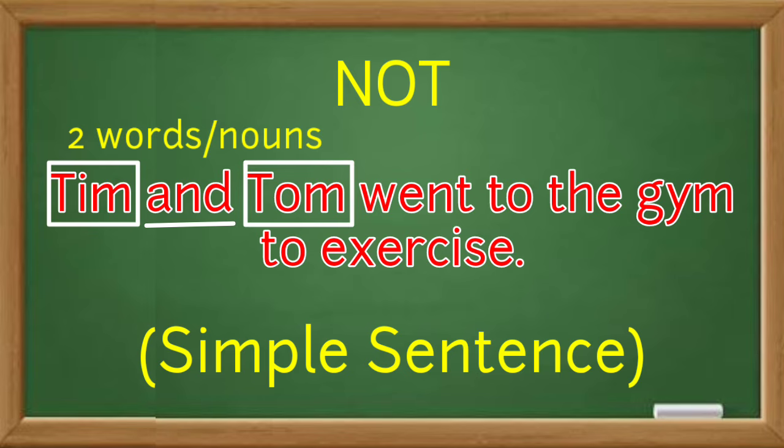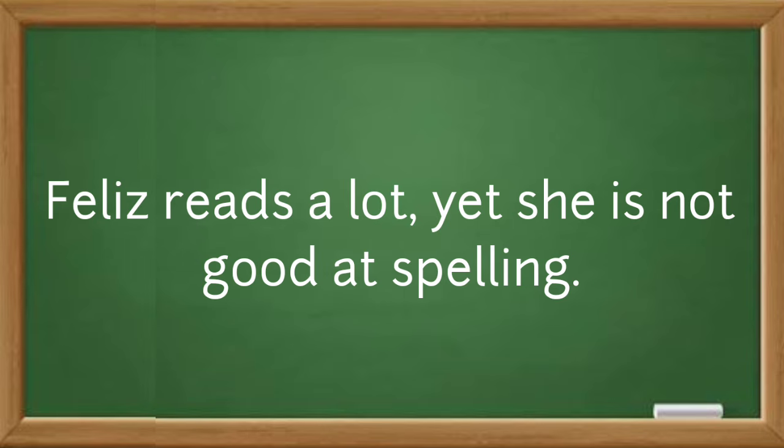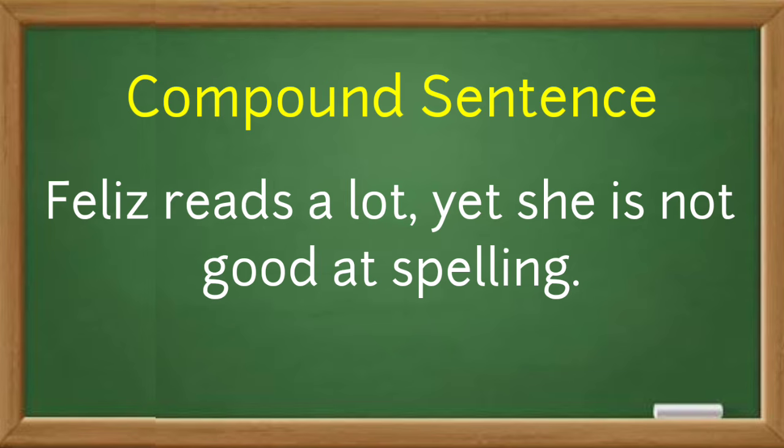Is it clear? How about this? Feliz reads a lot, yet she is not good at spelling. The answer is compound sentence. What is the coordinating conjunction used in this sentence? It is yet.